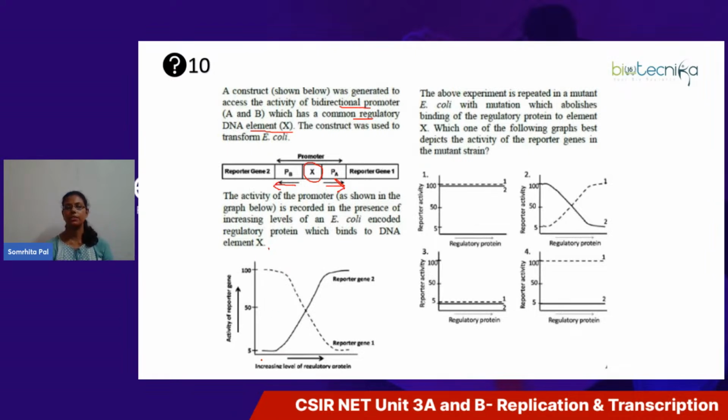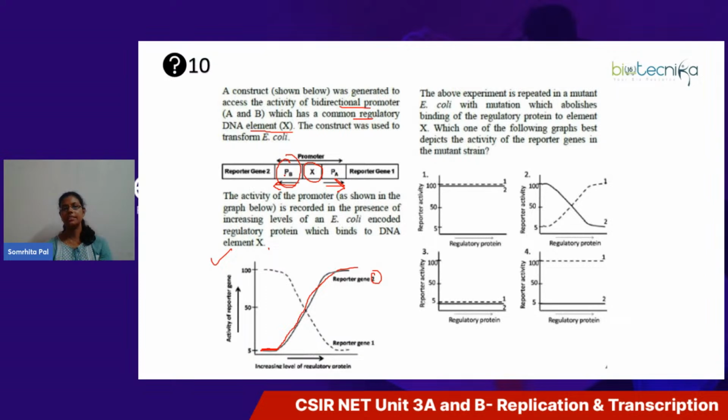So what you get to see if you analyze this graph, which is given to you, is that with increase in the level of the regulatory protein, the basal transcription that was happening is increasing for reporter gene 2. That means this promoter is becoming more active.